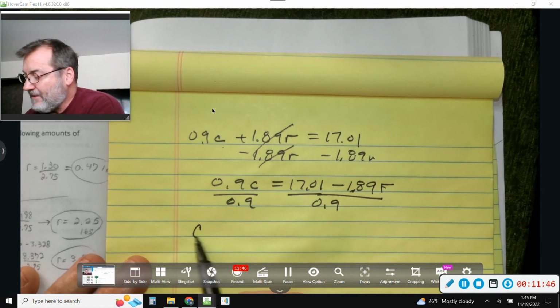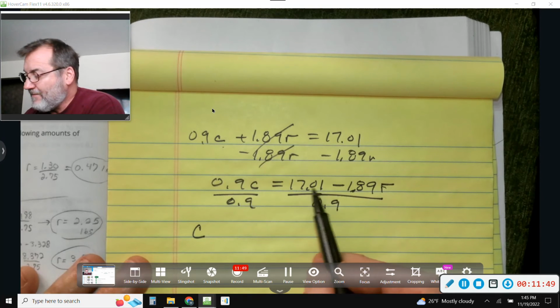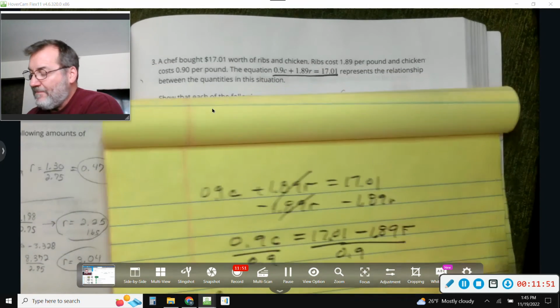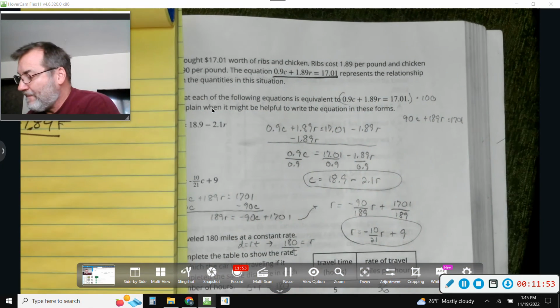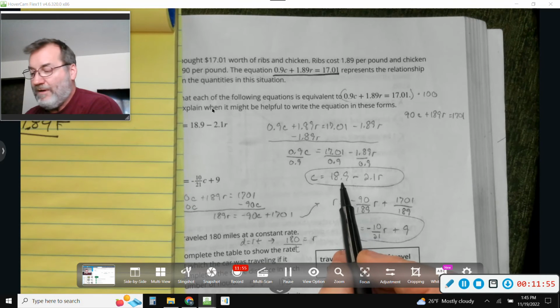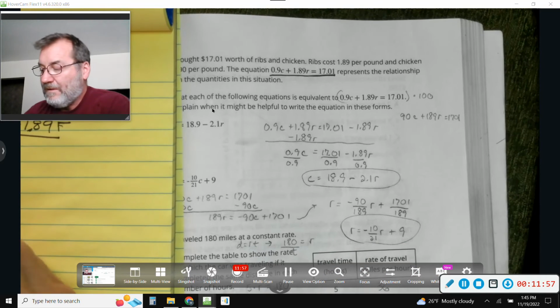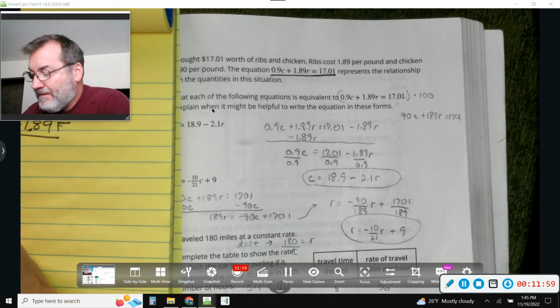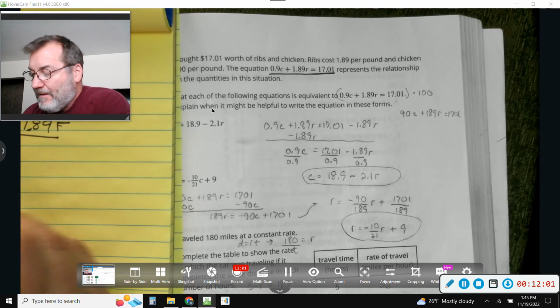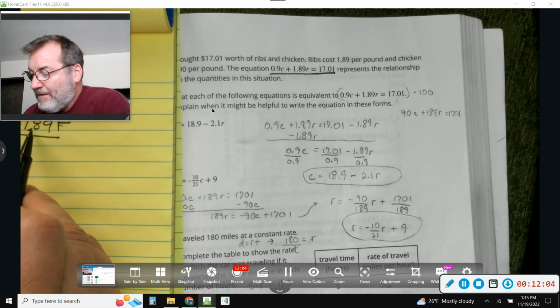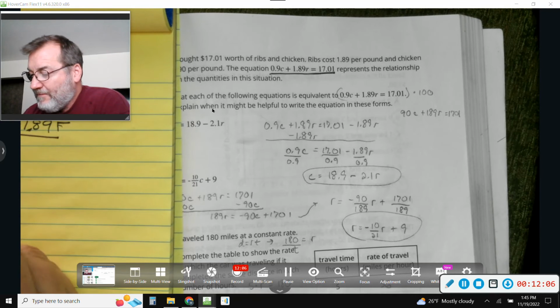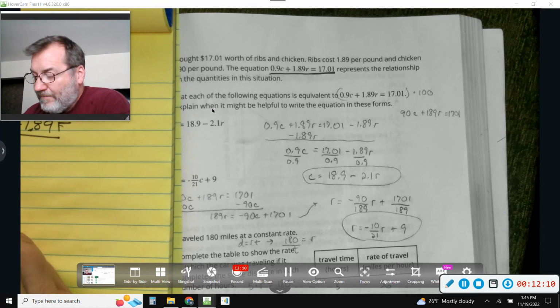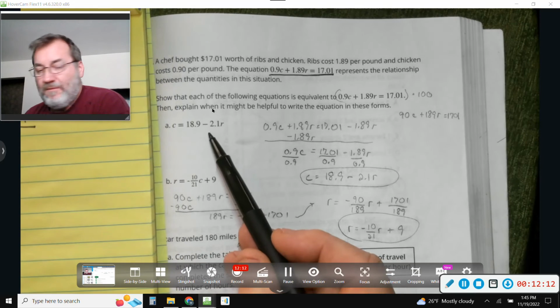It cancels over here, so I just get a C. If you take 17.01 and divide it by 0.9, you get 18.9. So that becomes 18.9. And then you take 1.89 and divide by 0.9. Well, that's simply 2.1R, which just happens to be what they've got right here.